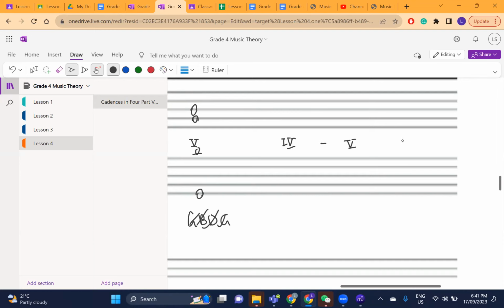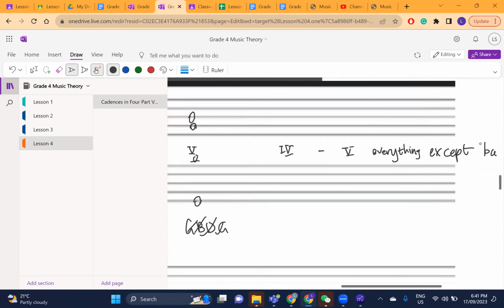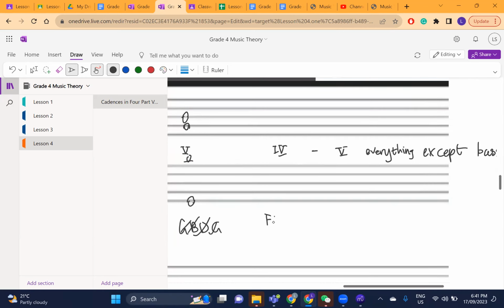And 4 to 5: everything except the bass goes down. F, A, C, F, G, B, D, G. F to G, and make sure everything else goes down.